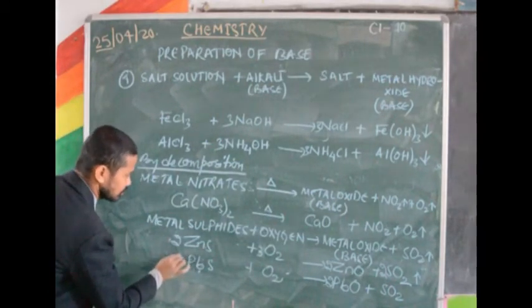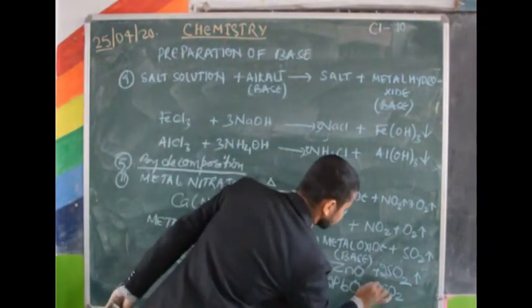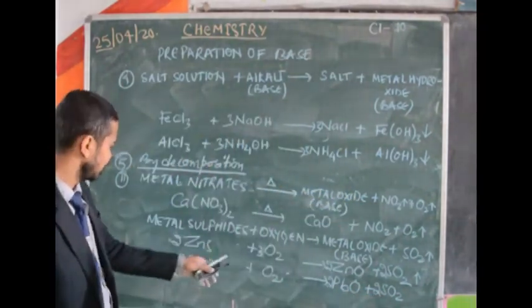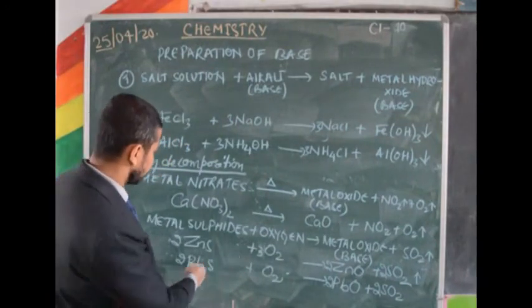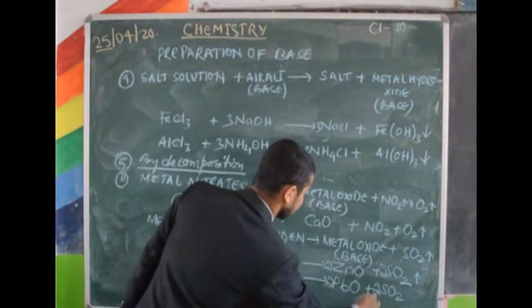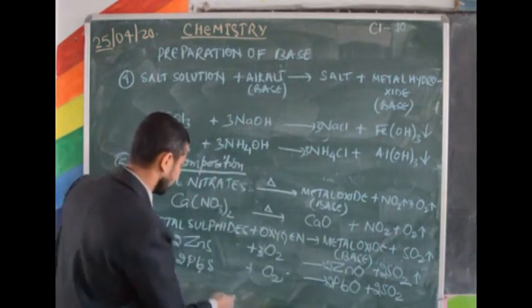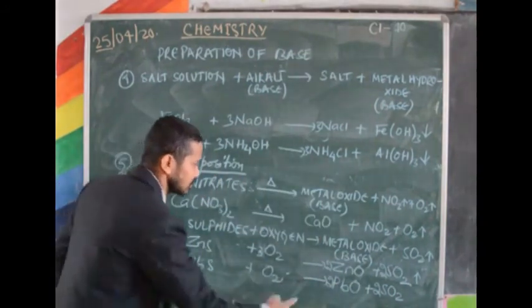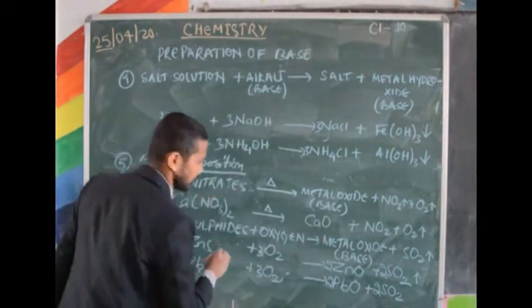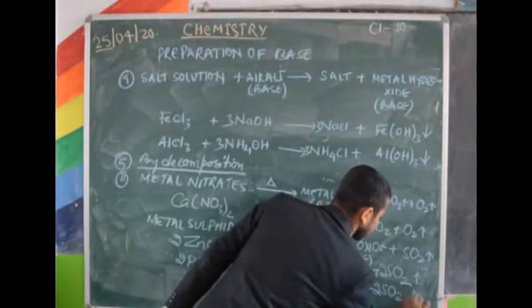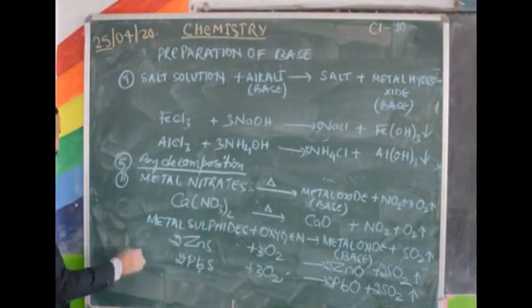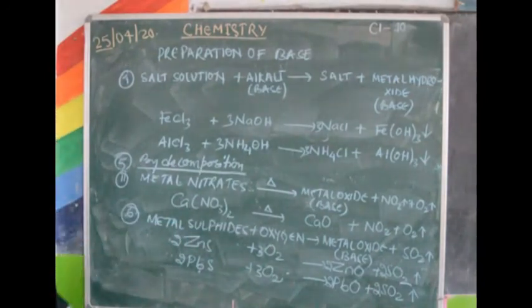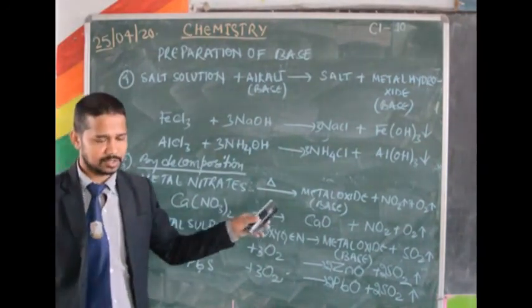So this is 2, then this is 2, then lead 2, sulfur 2 and sulfur 2. Oxygen 2 and 4, 6, so here also 3. So this way we can prepare base by reacting metal sulfides with oxygen.